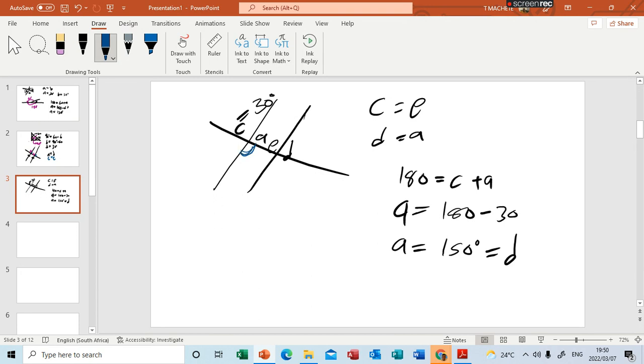Let me say this angle is F. Let me write F with the black pen. Please give me that angle F. What's that angle F there? Yes, it's 30 degrees because it's the opposite angle.